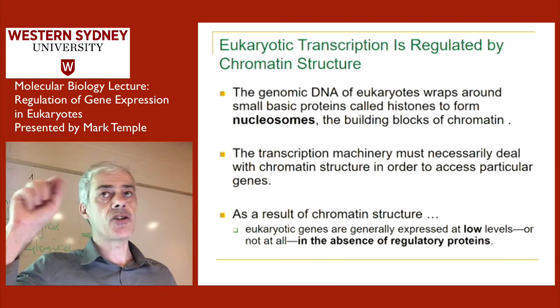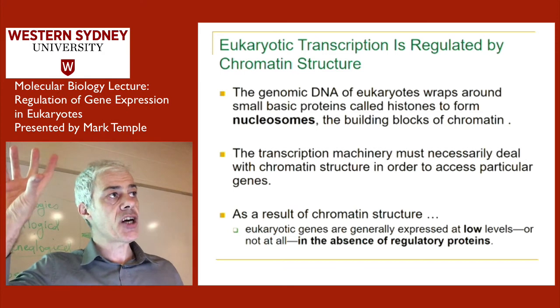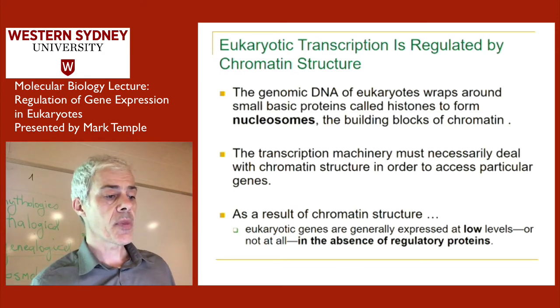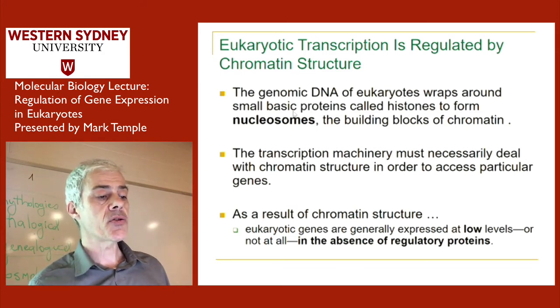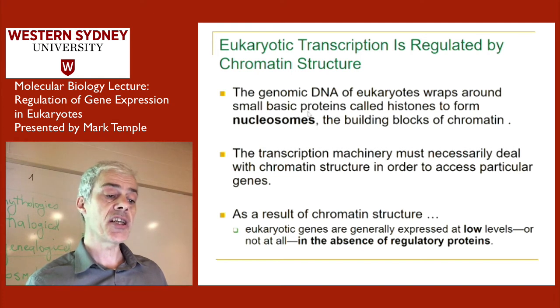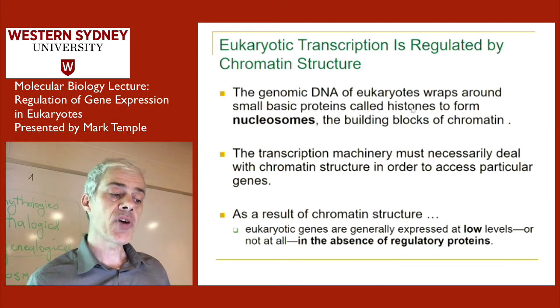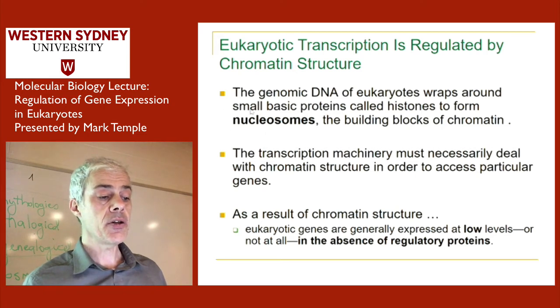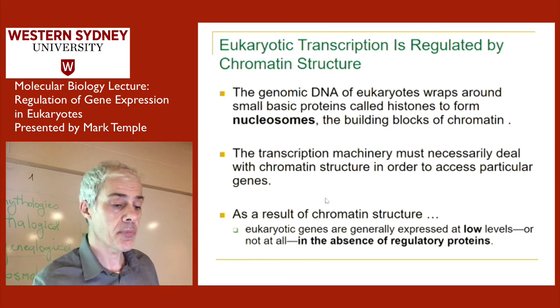They've got NH3 groups on their side chains, and they're positively charged. So basic proteins means proteins rich in lysine and arginine residues, and histone proteins are rich in those. And they come together to make up these nucleosomes, and there are 8 histones in a nucleosome.